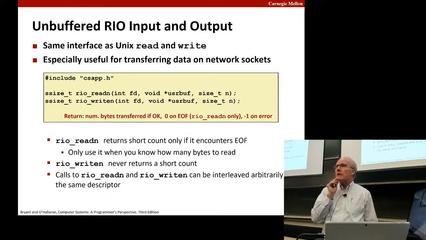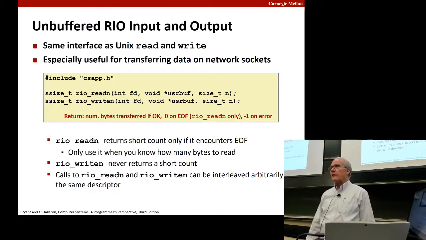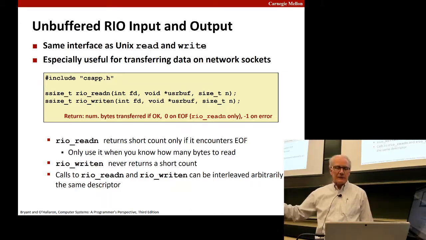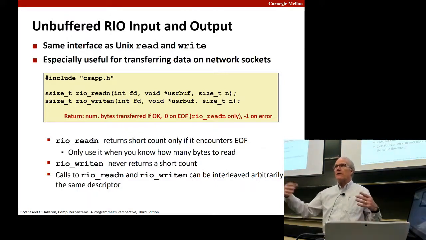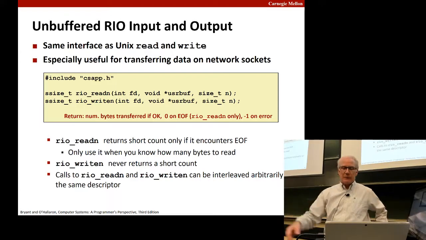So one thing, you don't want to use this if you're not sure how many bytes the user is going to send you, because it will just sit there until it reads that many bytes, or there's an end of file signal, for example, when you terminate a connection. And the write-n will never have a short count. It basically has a loop to keep writing until it's done.